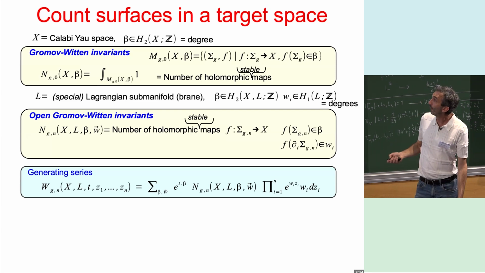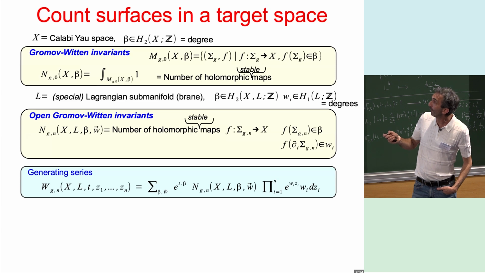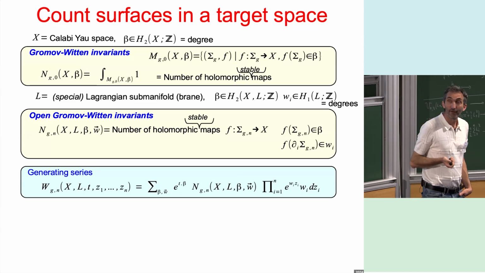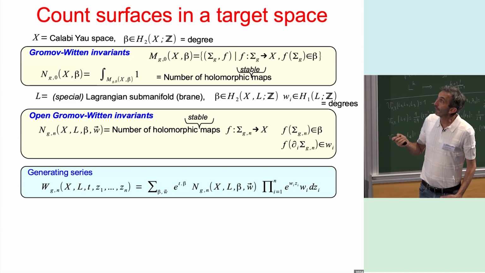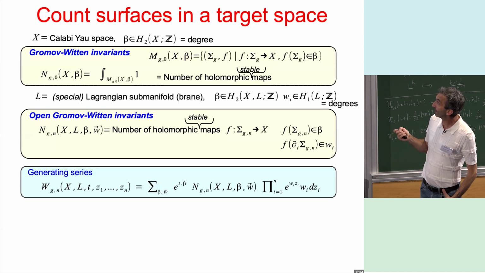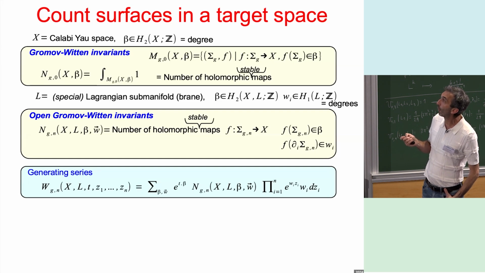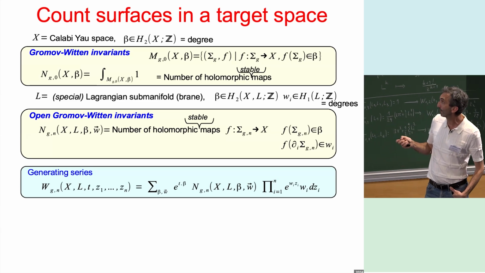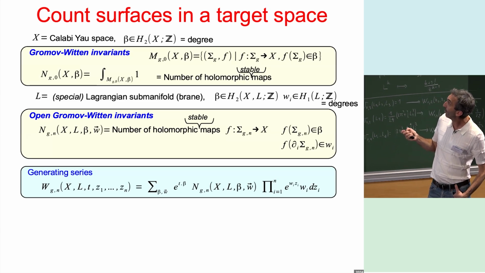Okay, and so again, N_{g,n} of X, L, beta, w is the number of ways to do that, and that's what you would like to compute, this Gromov-Witten invariance. And again, you make a generic series, so to make a generic series, you will sum over all the possible degrees, put t to the degree beta, a little bit like I was doing for maps, except I put it in an exponential.